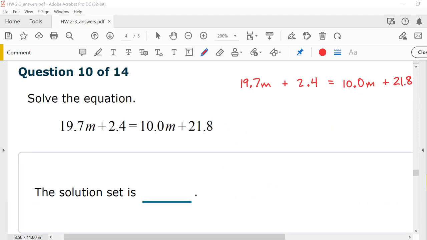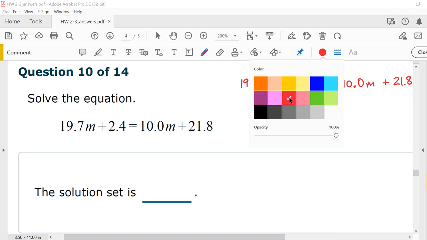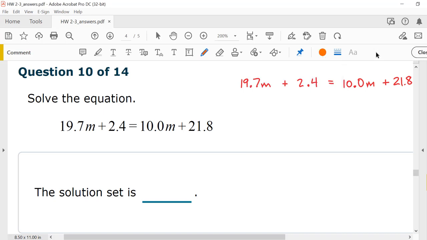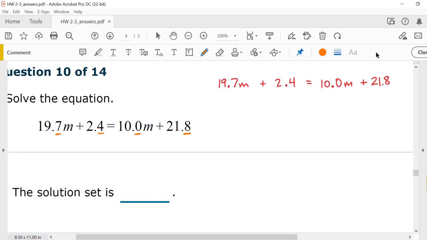Number 10, this has decimals. Which term has the most decimals? This one has 1, that one has 1, that one has 1, and that one has 1. So I'm going to multiply every term by just 10. Because if there's one decimal place, I need to multiply by 10.